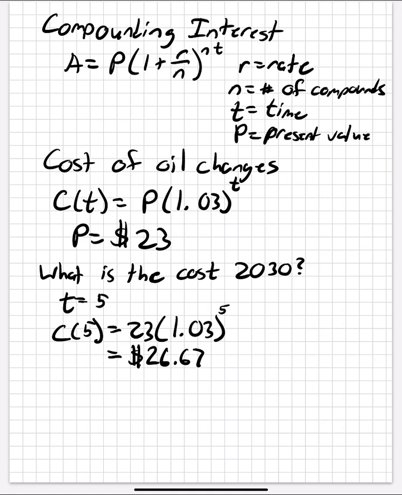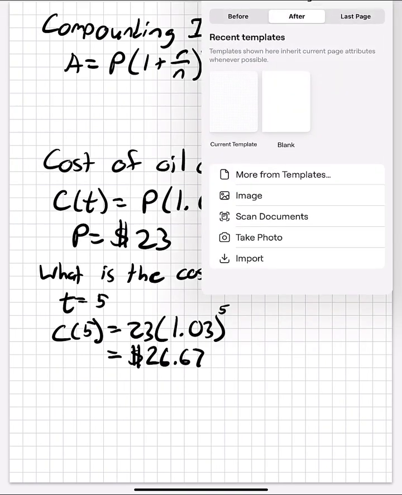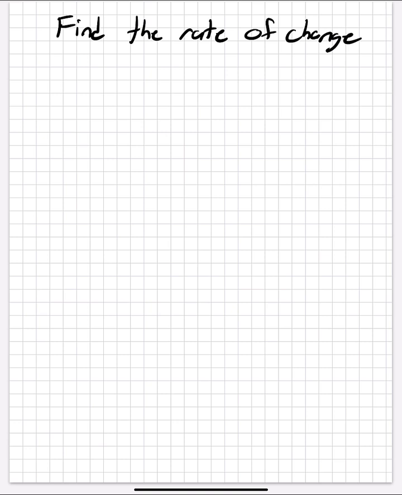Well, that's all great and dandy, right? But now, from a calculus standpoint, because this is more of a financial math type question, what we want to be able to do is answer questions like finding the rate of change, because we can't just calculate a slope using traditional slope methods.